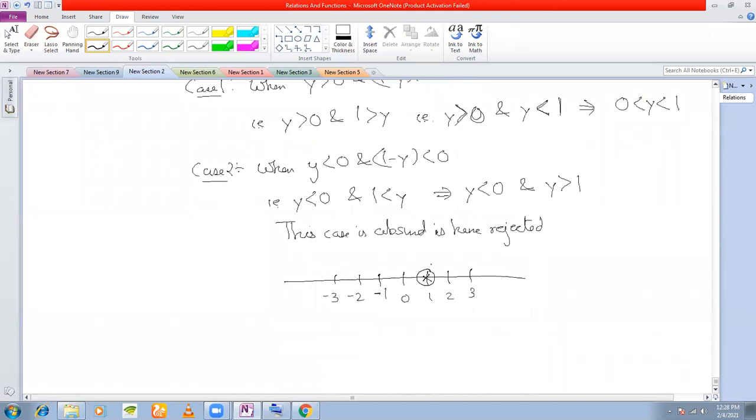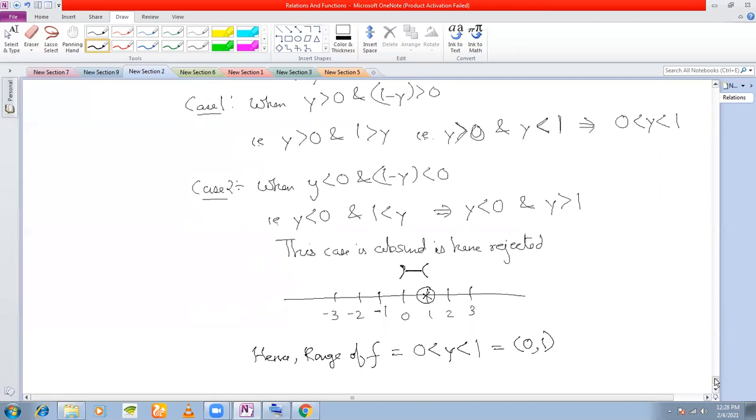And also y lies between 0 and 1. So what is the common region of the two? Hence, what is the range of f? This only, between 0 and 1, which we write as an open interval (0, 1).